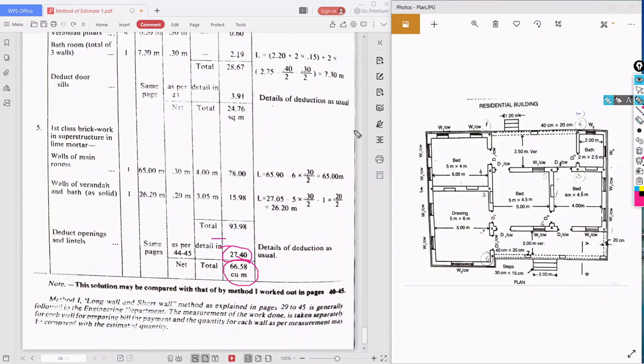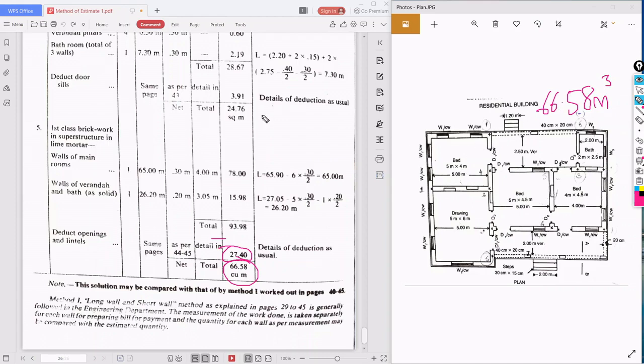Let's compare with the other one. We will see whether we get the same values or different values. First we will write first class brickwork, 66.58. This is the brickwork quantity in meter cube.